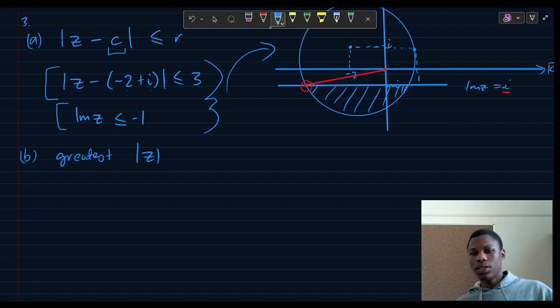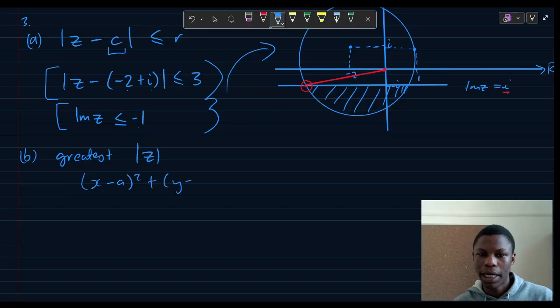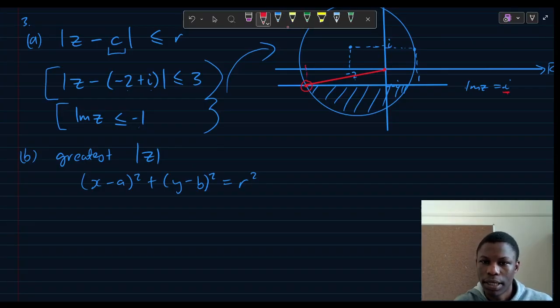So if we go back to real numbers for a second, we know that a circle can be written in the form x minus a squared plus y minus b squared is equal to r squared. We can use this idea to help us figure out what the real part of this point is. What's the value on the real axis? So we know that the center of our circle has coordinates negative 2, 1.